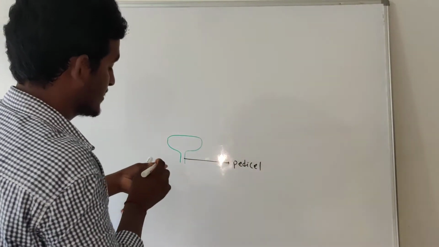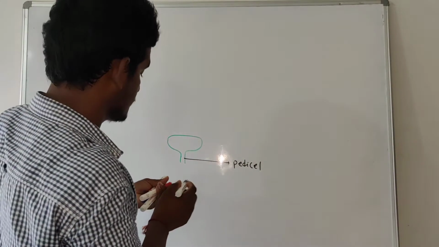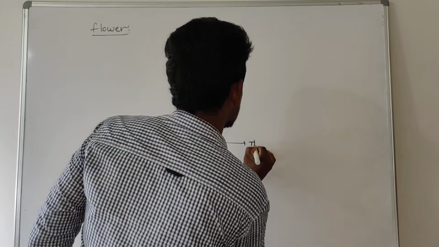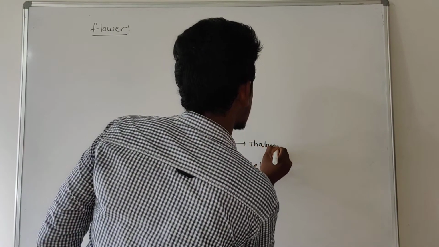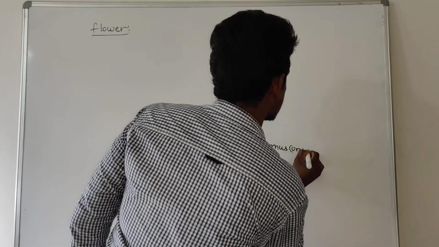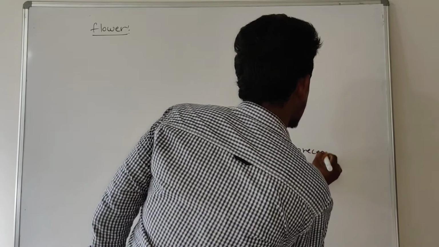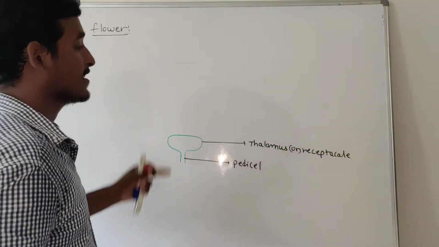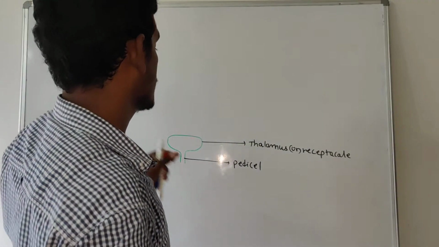Here the swollen part is present. What do we call that part? That is the thalamus, or receptacle. Right? So in a flower mainly four whorls are present.